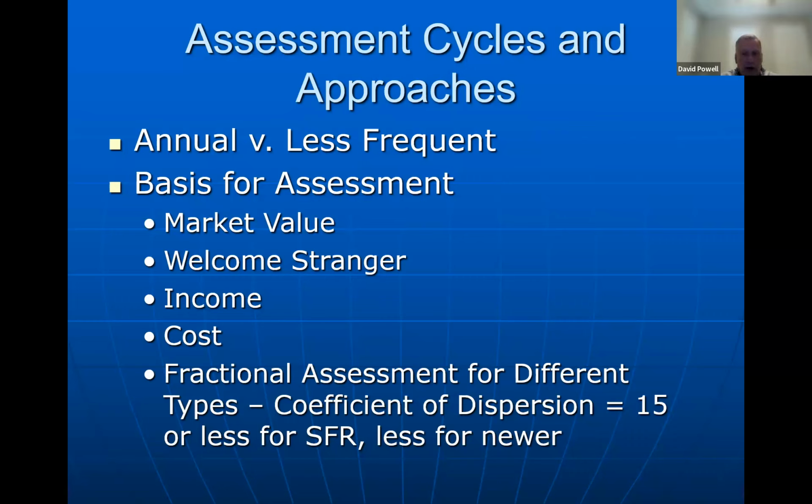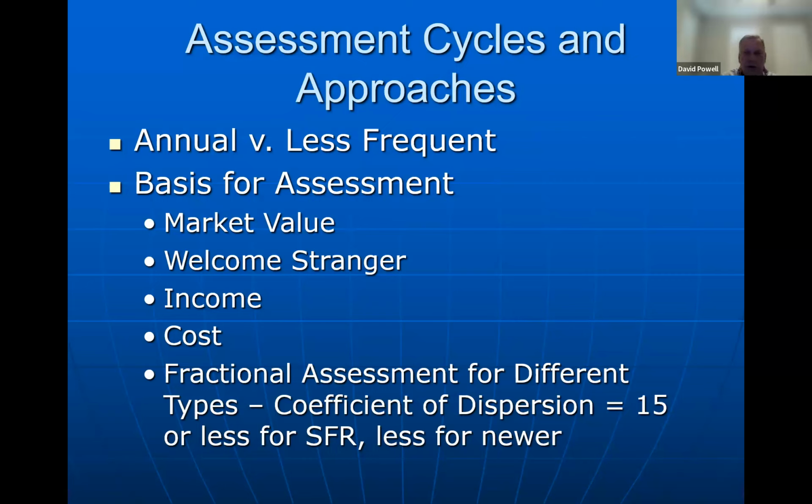So for horizontal equity, if you had two people who owned identical homes next door to each other, same square footage, same number of bedrooms, same amenities, constructed in the same year, under horizontal equity, those two homeowners would have the same property tax bill. That does not happen in the welcome stranger approach. Imagine that the one homeowner purchased their home in 1975 and has lived there ever since.